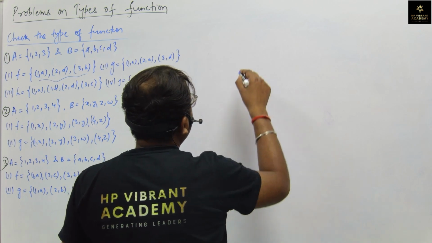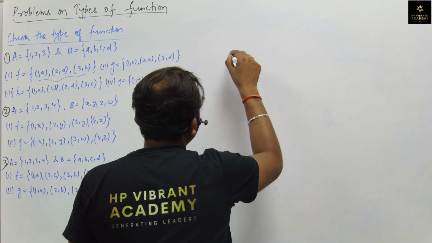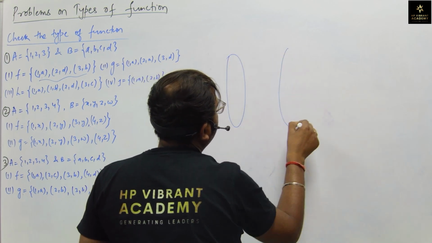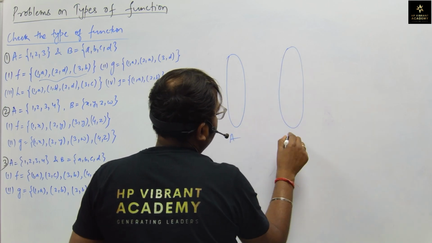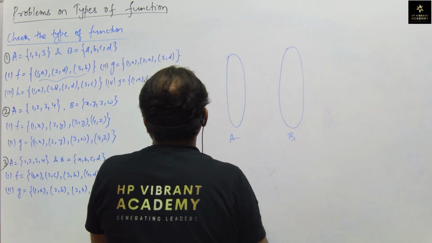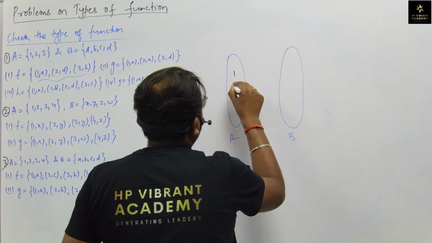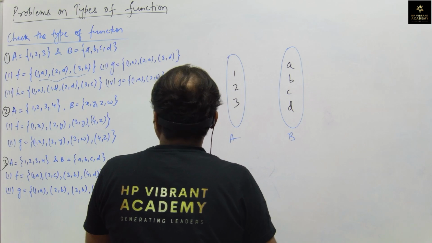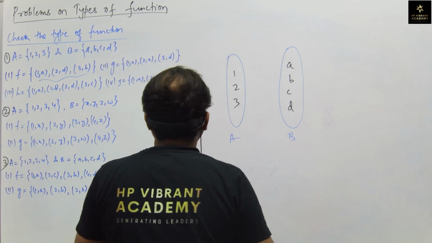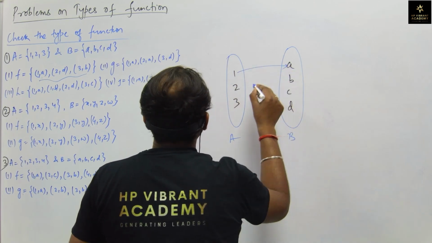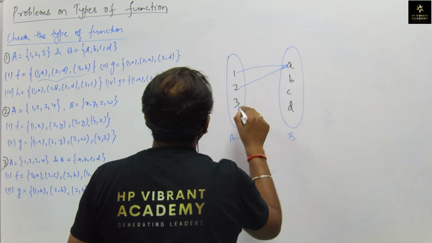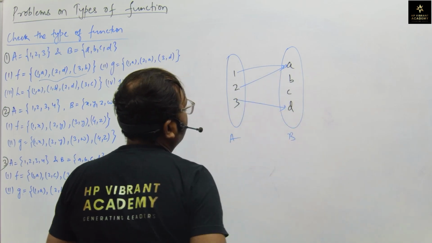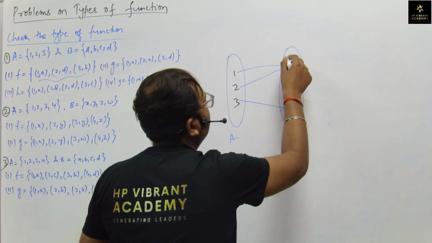This is set A and this is set B. The elements in set A are 1, 2 and 3. In set B we have A, B, C and D. Now the mapping is: 1 goes to A, 2 goes to A, and 3 goes to D. So many elements are getting mapped to a single element.